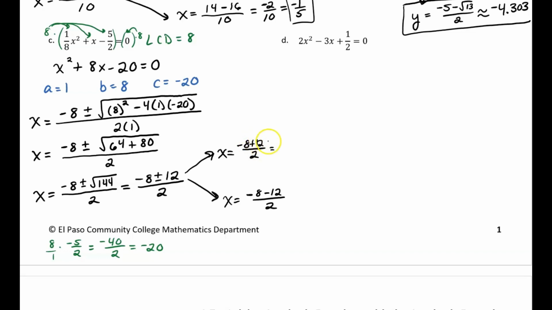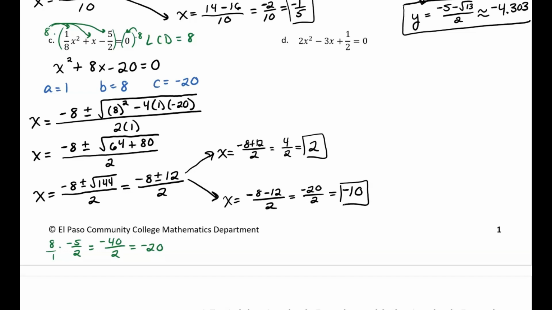And negative 8 plus 12 is a 4. 4 divided by 2 is 2. There's one answer. Over here, negative 8 minus 12, got to do that first, is a negative 20. Then divided by the 2 gives me a negative 10. And there we have it.